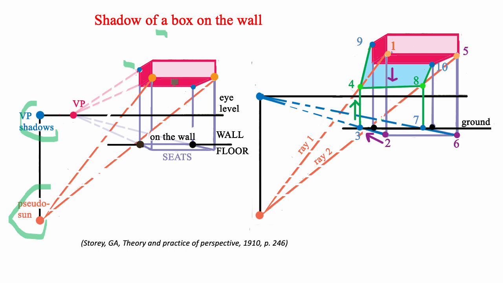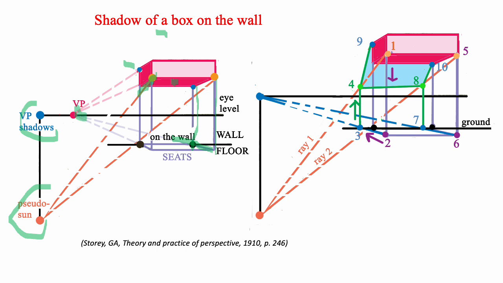So we need to draw light rays through the front bottom corners. Then we need to find seats, and the seats go on the floor, and the back seat is right against the wall. And we make sure the perspective of this seat matches that of the box. In other words, they go to the same vanishing point here.